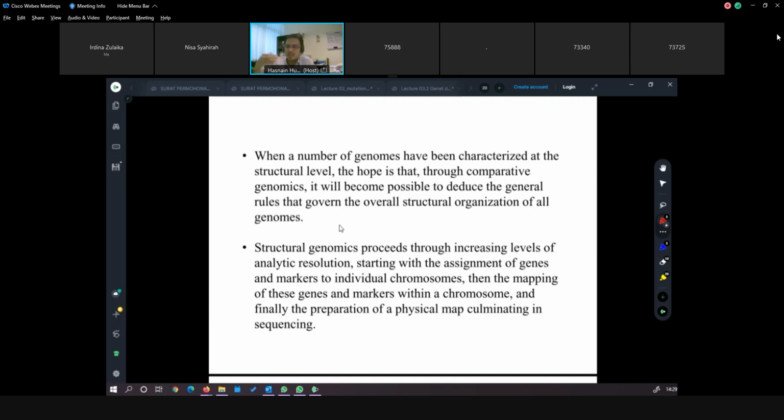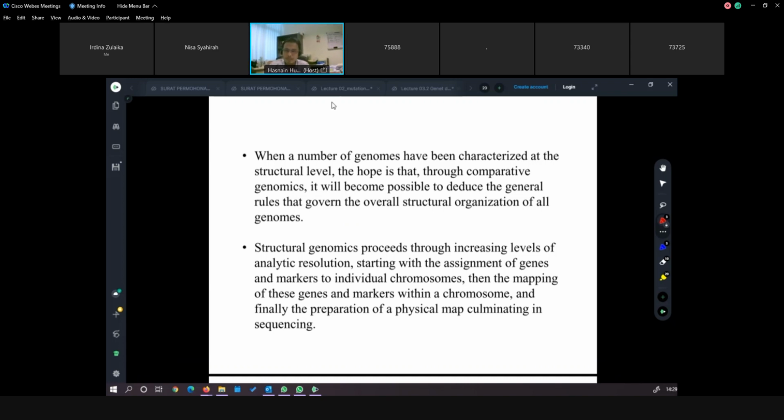Those you can study further, and then you compare through comparative genomics, to find out the general rules that govern the structural organization of the genome.